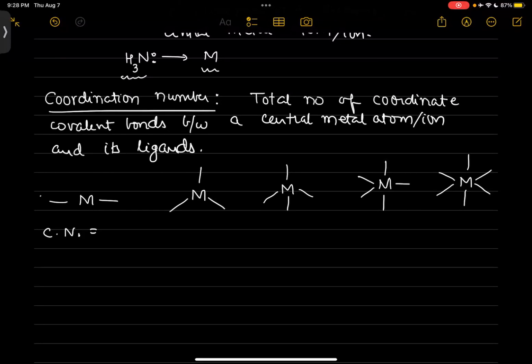There will be some ligands, right? I've not written them. Is it clear? Yes, sir. So what is the coordination number? 2. Yes, exactly. That's 2, right? Absolutely correct, and very simple also. This is going to be 3.